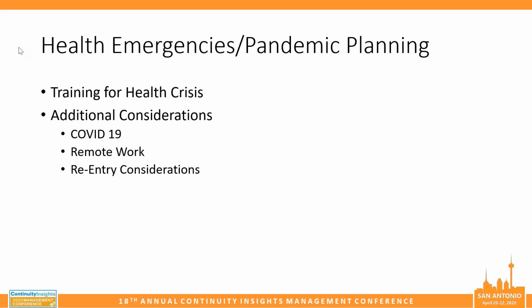Training for health crisis, health emergencies, pandemic planning, COVID-19 specifically, and also how these items impact remote work. Work with your human resources department to find out if your remote work strategies have been updated, and that is something that can be added to your training program.